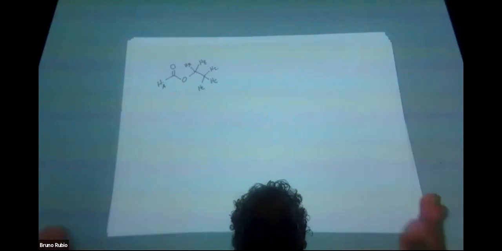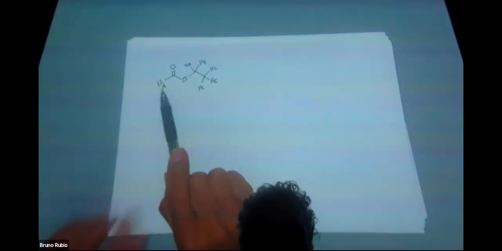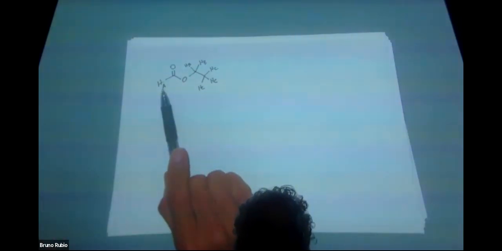Okay, now let's talk about the splitting. Remember, we're talking about N+1 rule splitting. And what does that N mean? That N doesn't mean the number of protons in the set. So here there's one HA, but N does not equal 1.